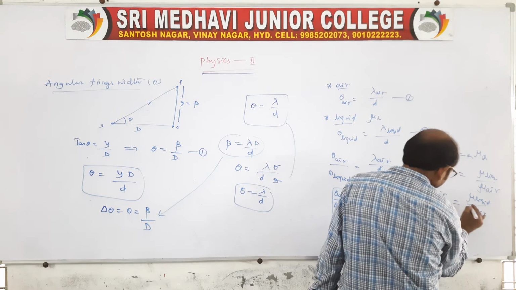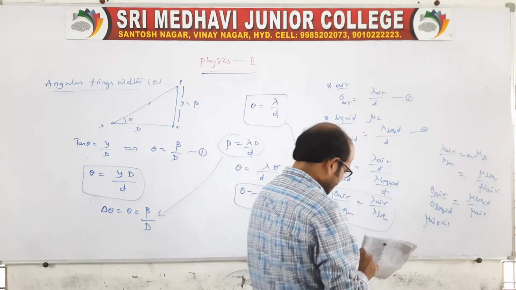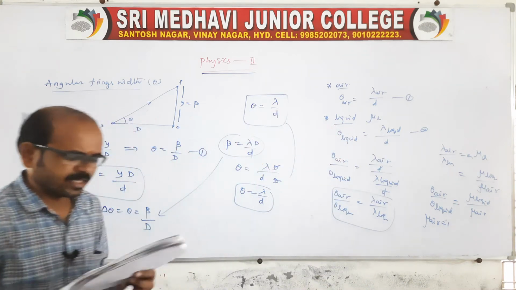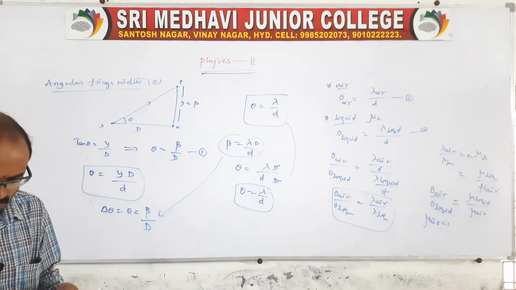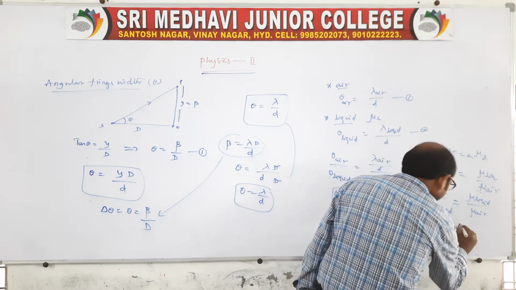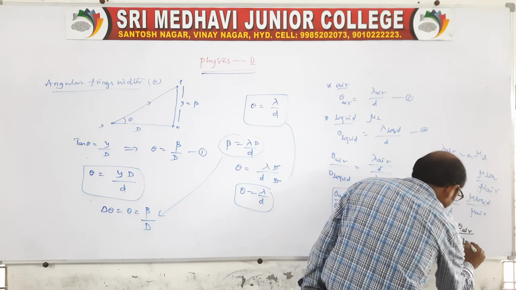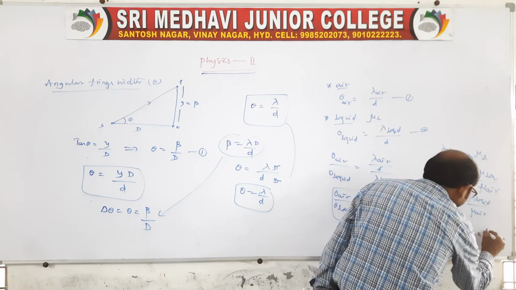Of course, we know the refractive index of air is equal to 1. Therefore the final expression is theta air by theta liquid, which is equal to mu liquid.